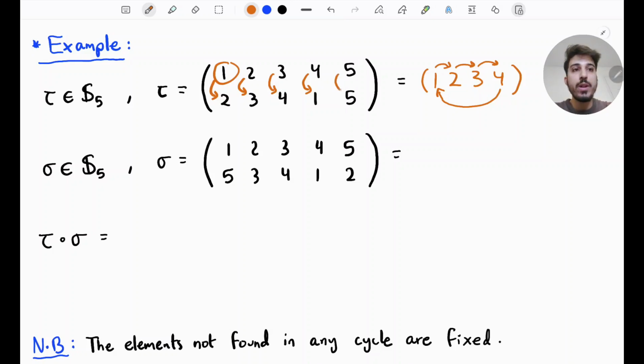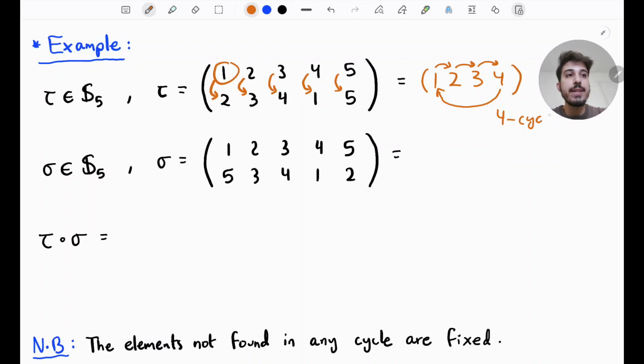And 5 is sent to 5, so tau essentially does not change 5. We've seen that 5 does not belong on the list, which agrees with our definition. So this completes our description of tau as a 4-cycle.